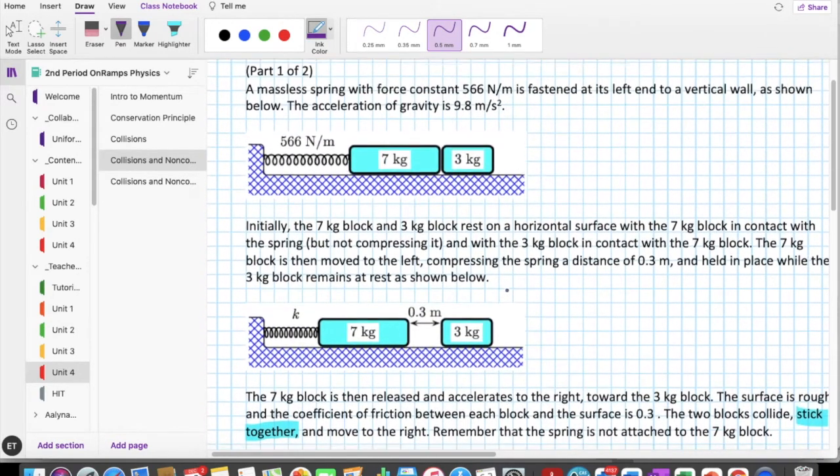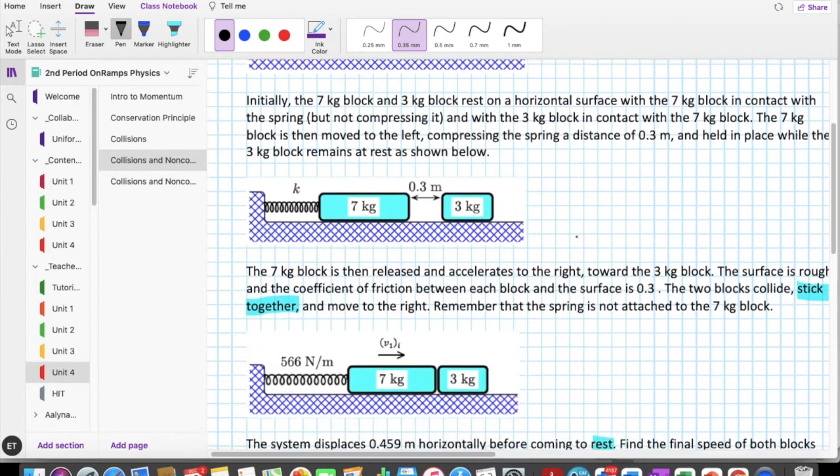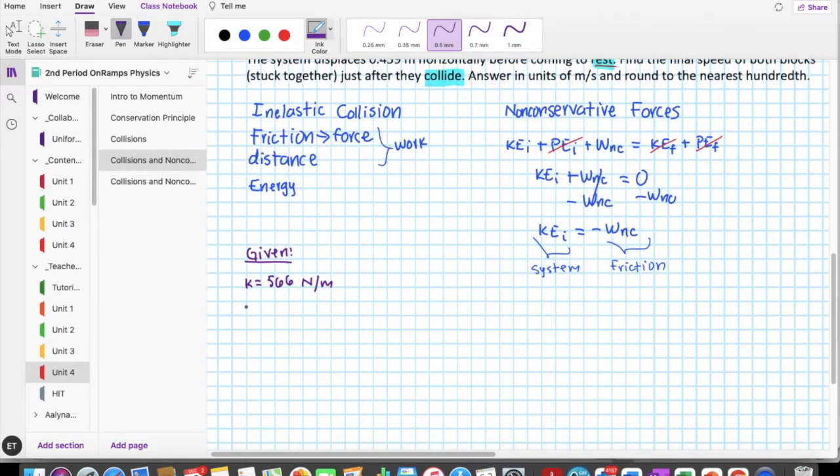And then we have the two masses, right? So just for the picture, this is mass 1. I'm going to label this one mass 1. And this one will be mass 2. Let's see, mass 2. So mass 1 is 7 kilograms.